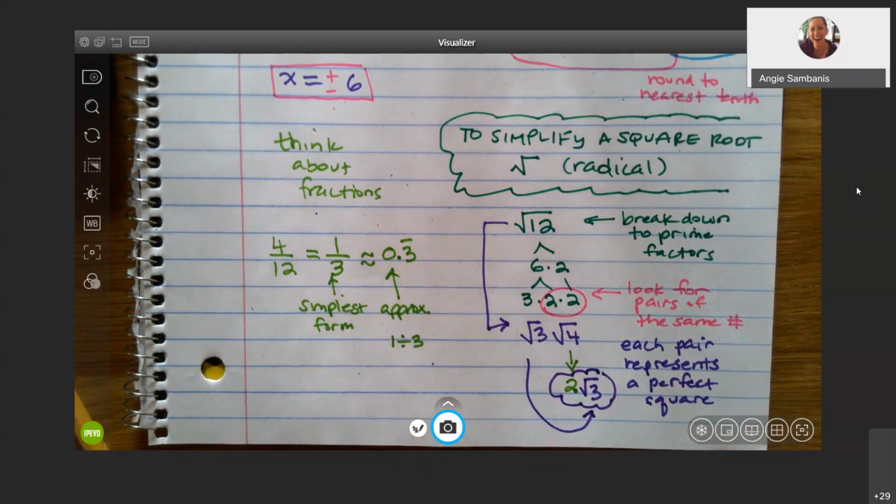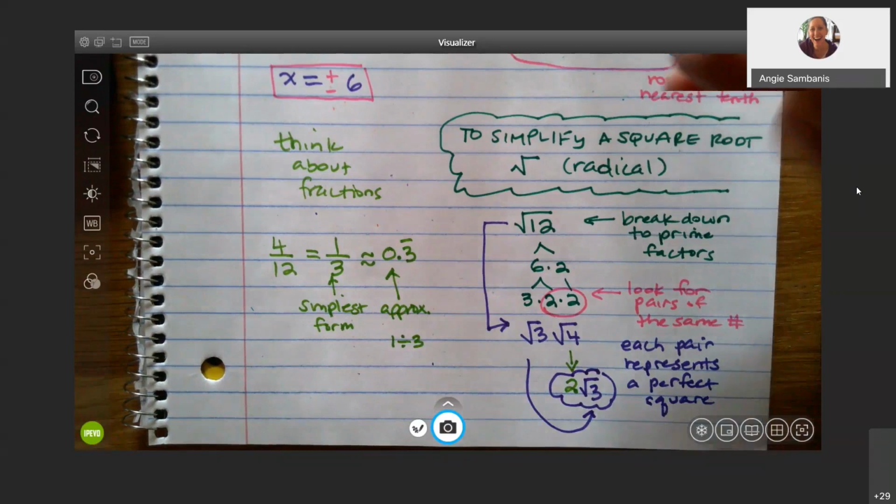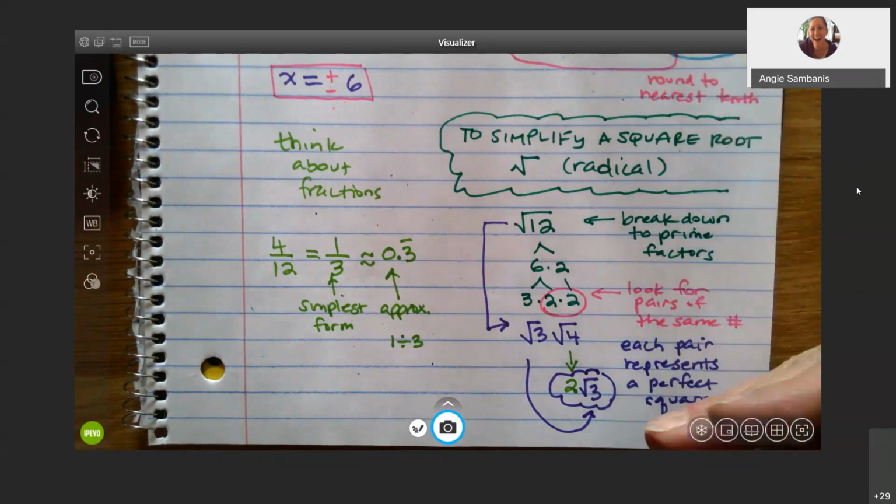Again, am I going to expect you to do this in your homework? No. Should you be able to do it and try to do it in your homework? Yes. I'm not going to mark you down if you don't do it, but should you try? Yes. Because we're going to see more of radicals as we go. So we're going to go through this as we do the homework, as a review.